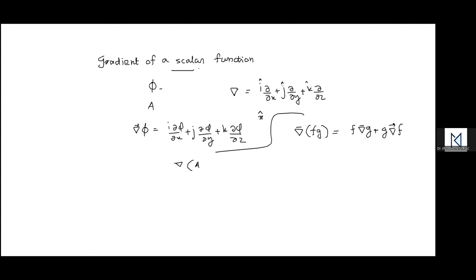Del of a dot b is equal to a cross del cross b plus b cross del cross a plus a dot del into b plus b dot del into a.